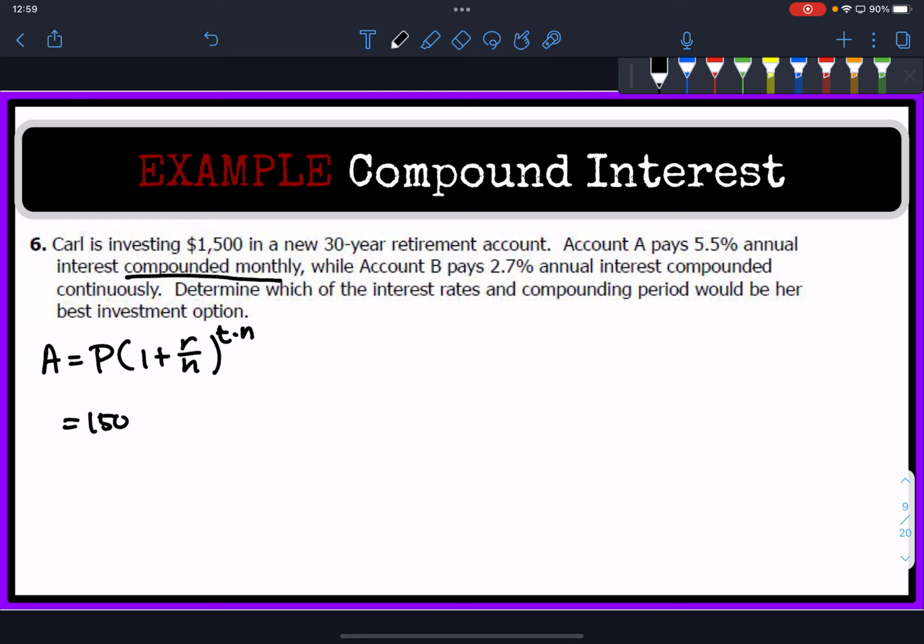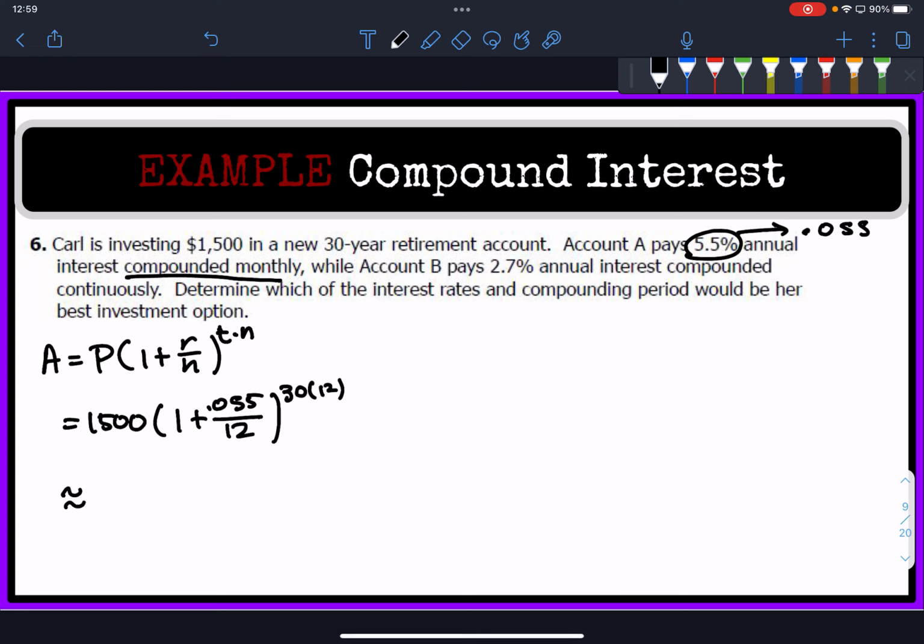So starting off with the $1,500, 1 plus account A is at 5.5%, which in decimal is 0.055, and we're going to compound it 12 times for 30 years, so 30 times 12. This is going to equal approximately $7,781.08.